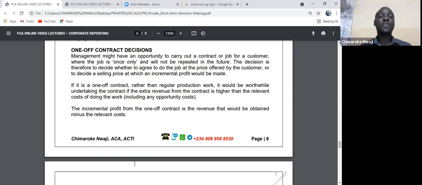Now, if it is a one-off contract, which is not regular production work, it will be worthwhile to undertake the contract if the extra revenue from that contract is higher than the relevant cost of doing the job.